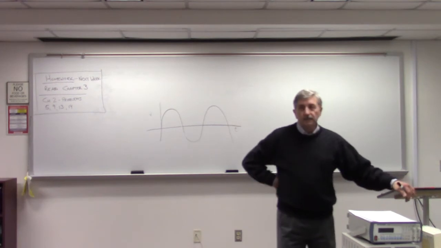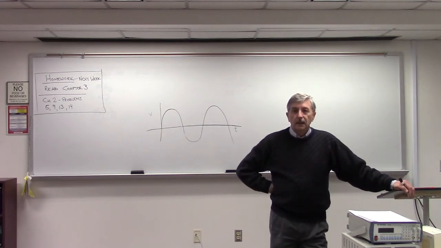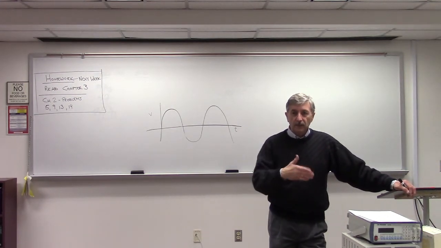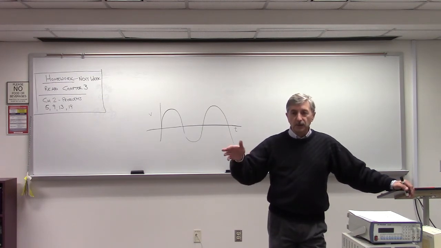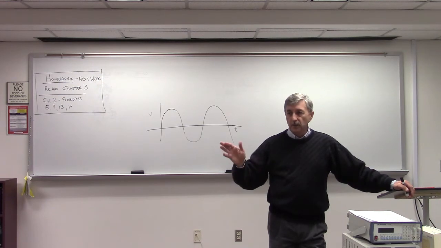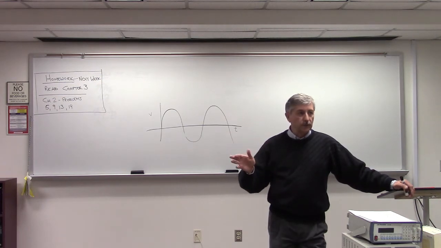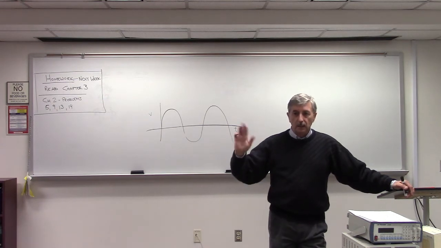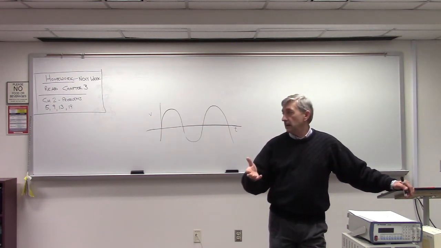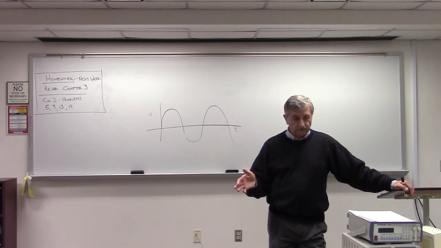So years ago, when you take physics, electrical circuits and electromagnetic field theory are all covered in physics as well as electrical engineering. The approach that they use is a little bit different than in engineering.